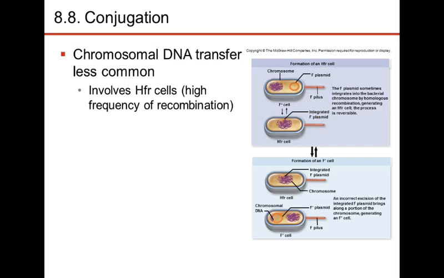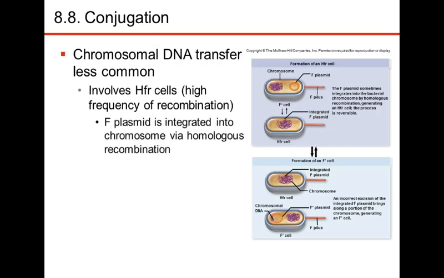And that's how they mapped the genes on E. coli initially, by integrating these plasmids into all the different positions on the chromosome and doing these experiments, and then figuring out, okay, if it integrates here, what's closest to it and what's further away from it on the chromosome. And they did lots and lots of experiments to figure out the order of those genes that they knew about and their position around the chromosome based on this type of mapping.